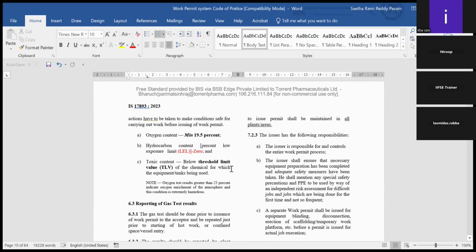So what is TLV, threshold limit value? Threshold limit calculated for how many hours? Anybody? Any guess? Or STEL, short term exposure limit.